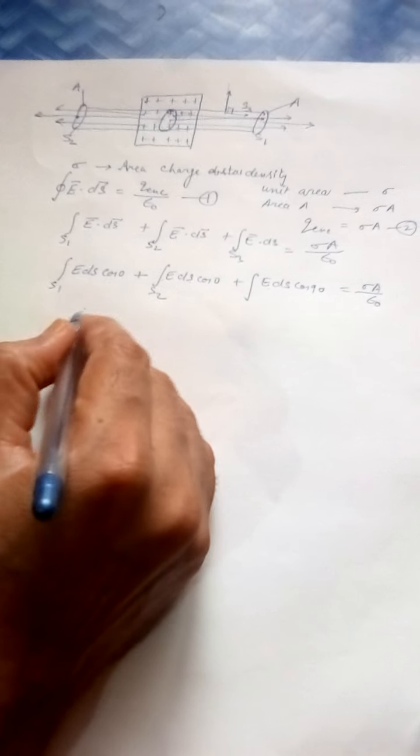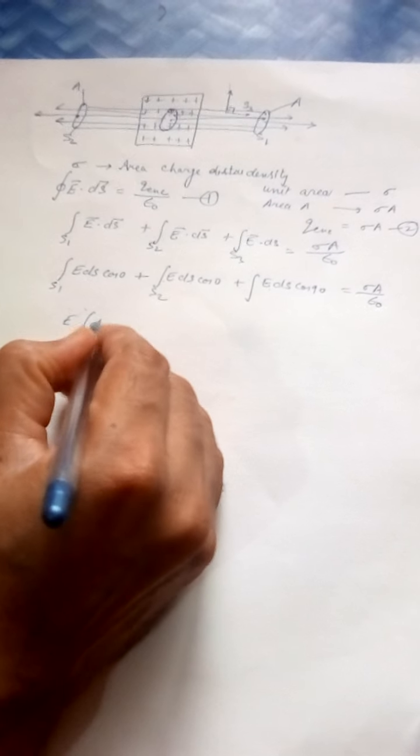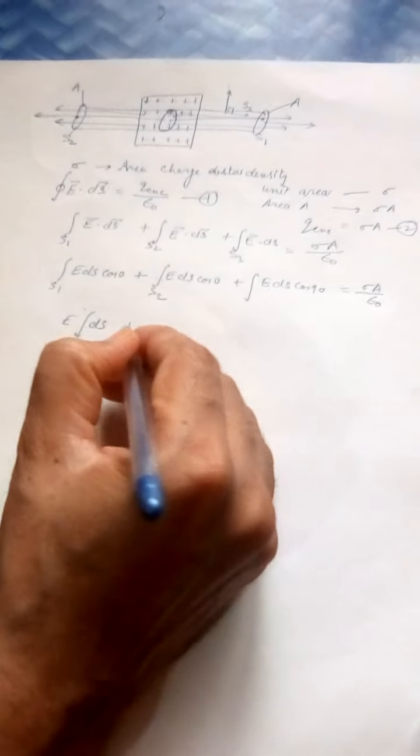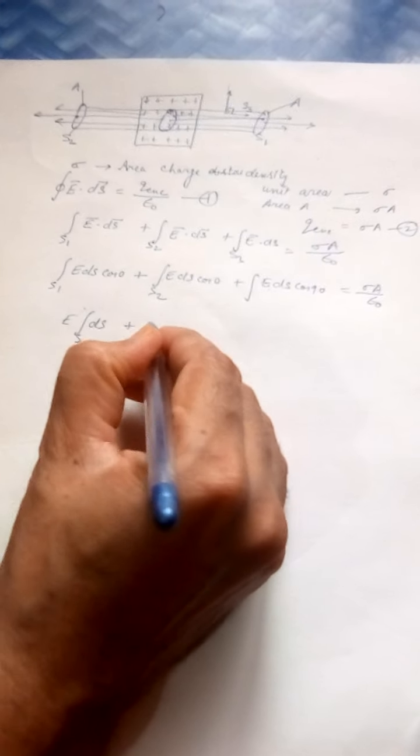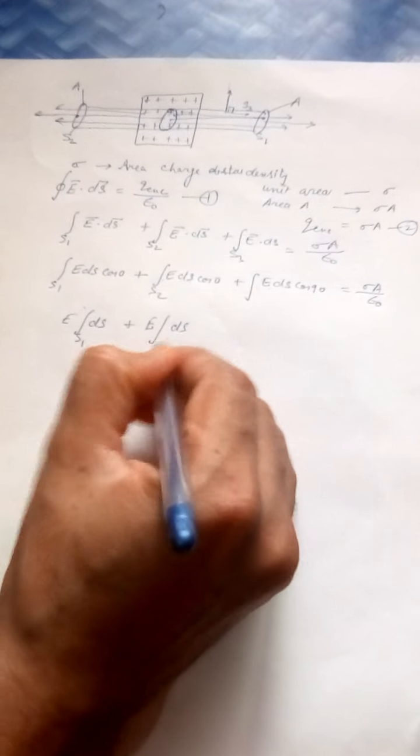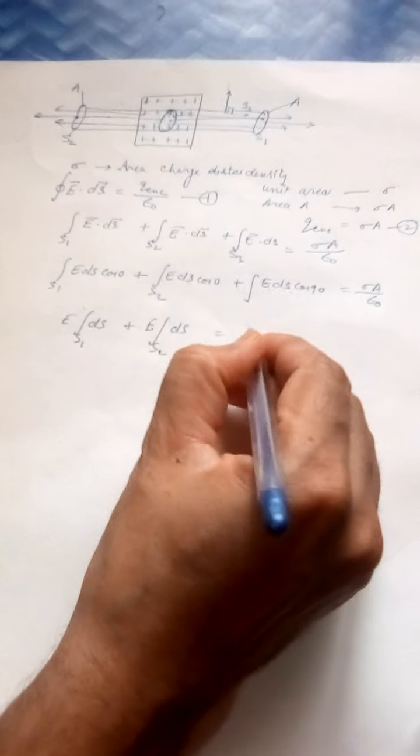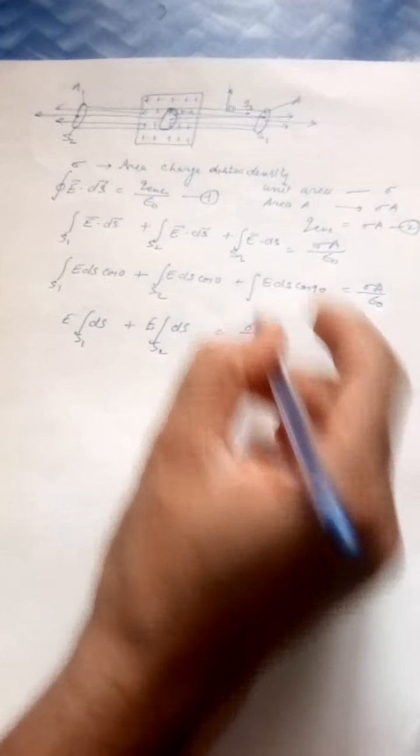Here the electric field is constant, so you can take it out, leaving dS for surface 1. Here also the electric field is the same due to all the charge, so it is constant, and the right side is sigma A by epsilon naught. We have taken a small area element dS here.